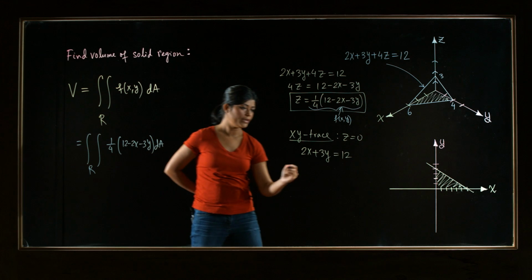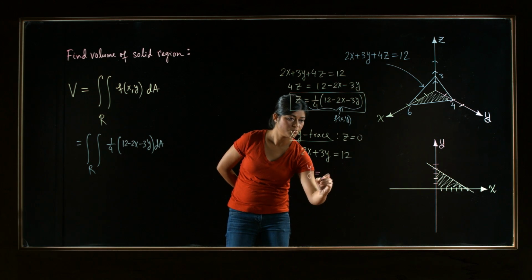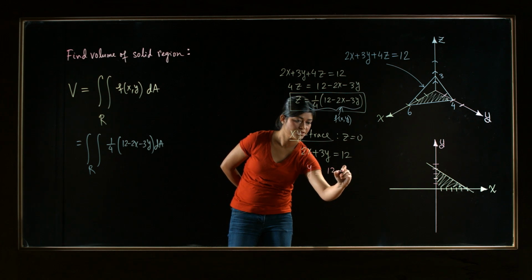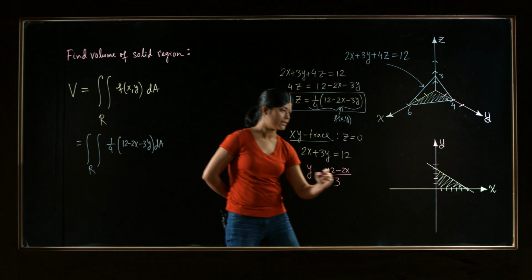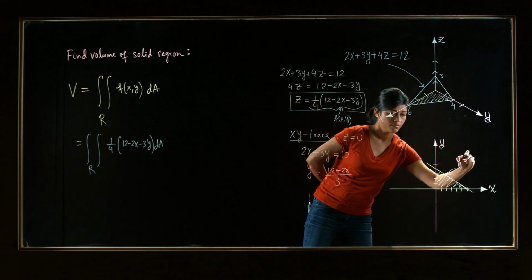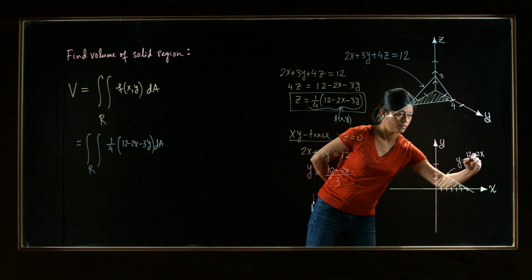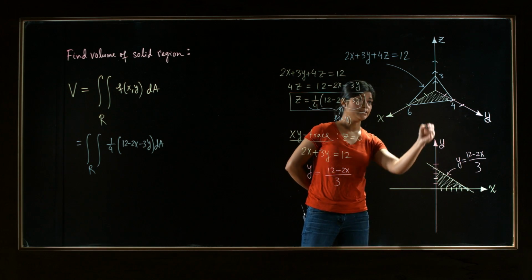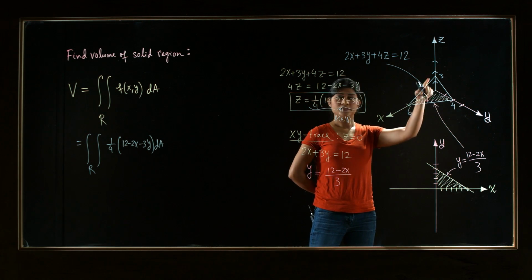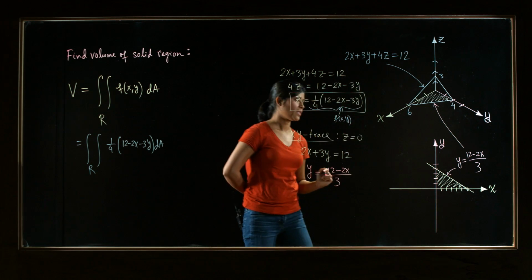Let's solve for y. So, y is equal to, take the 2x to the other side, so 12 minus 2x, and divide by 3. And that is this line. And this line is also the line here in the 3-dimensional coordinate plane.